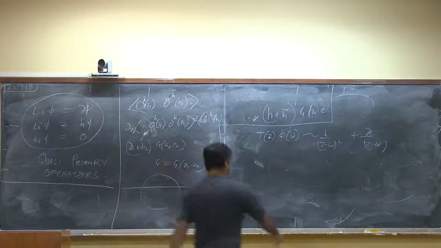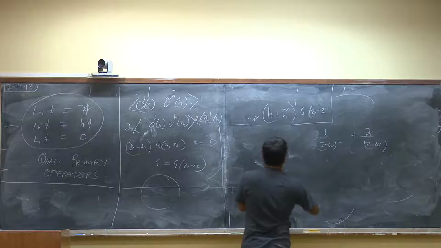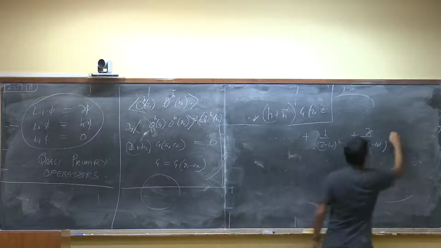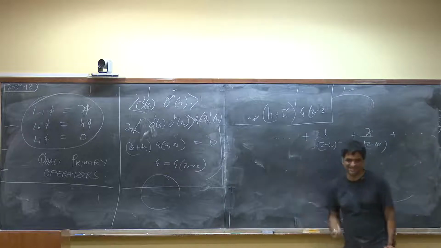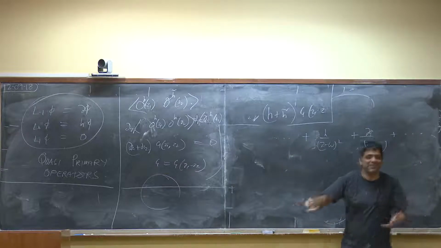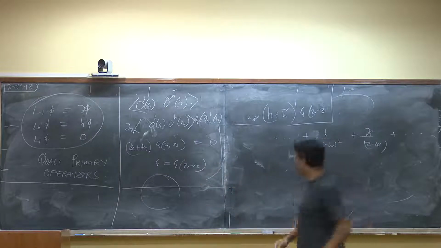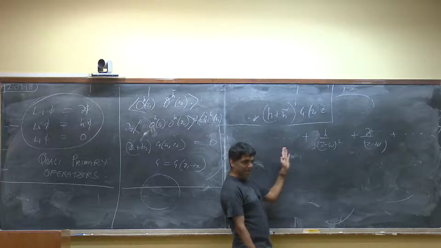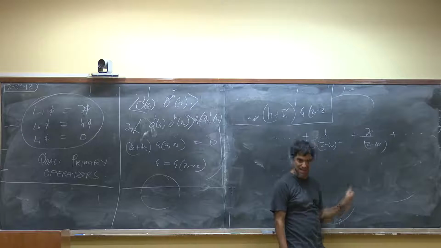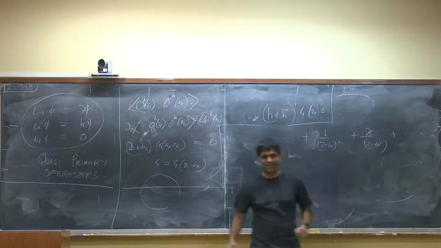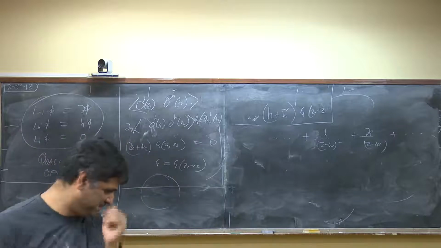There could be regular terms and more singular terms, which tell you how it transforms under the higher Ln's. We don't care about that. So the quasi-primary operator is something such that the pole is given by this in the OPE, and the double pole is given by this. There could be higher poles, and there could be regular terms.